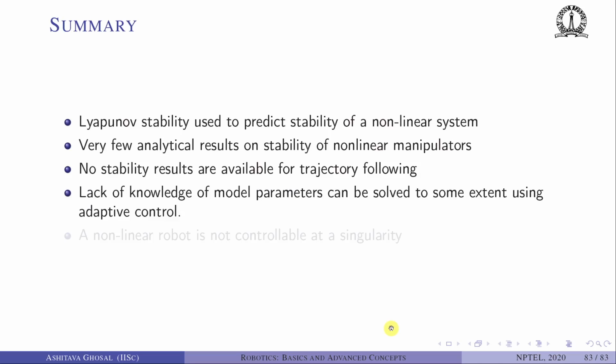The lack of knowledge of model parameters can be solved to some extent using adaptive control. And finally, a nonlinear robot is not controllable at the singularity. So that is another reason why we need to know where the singularities of a robot are, because we cannot control the motion. With this, we come to a stop of this week.